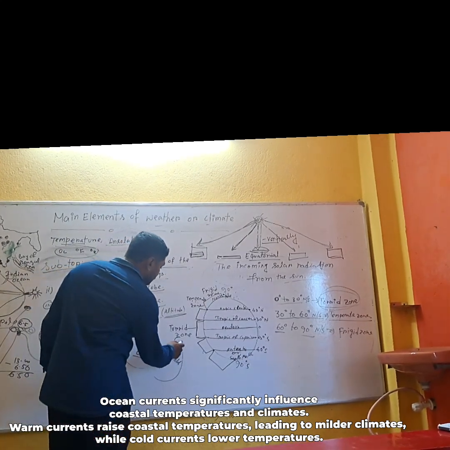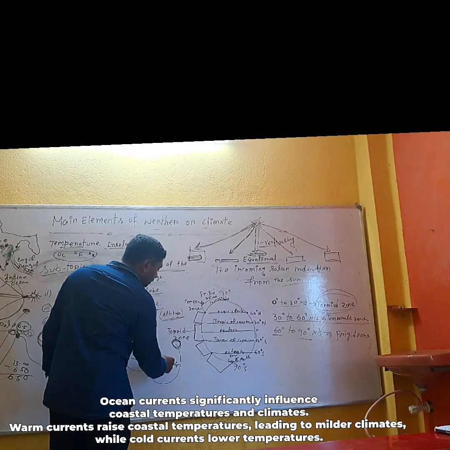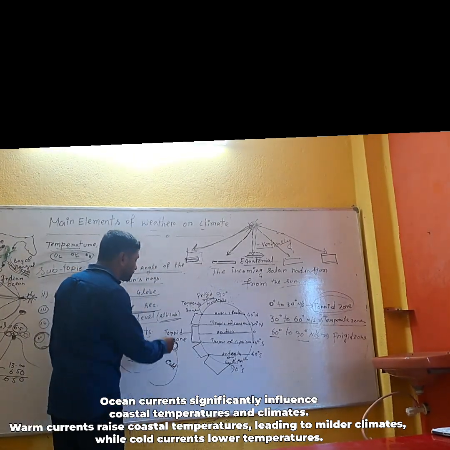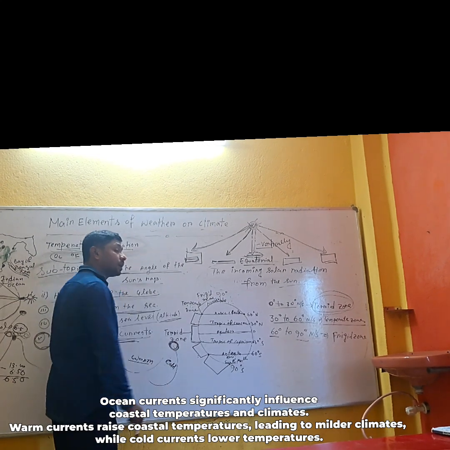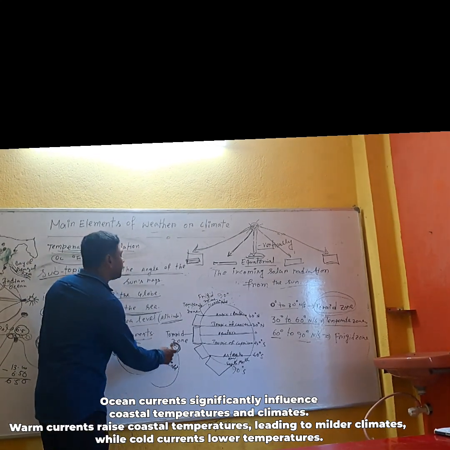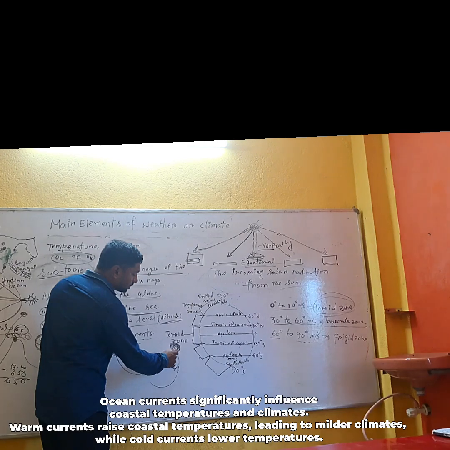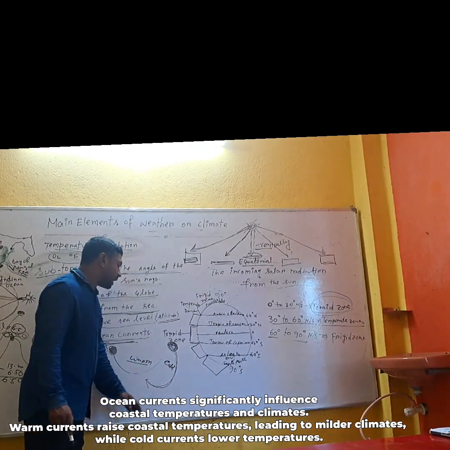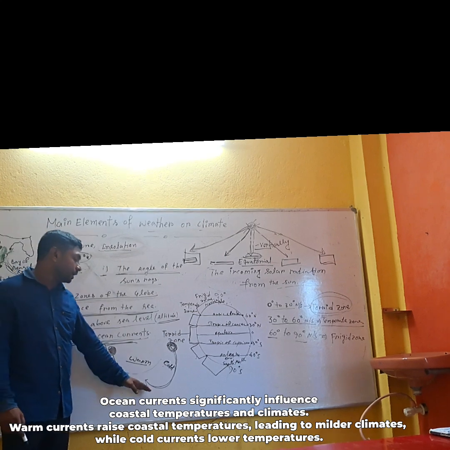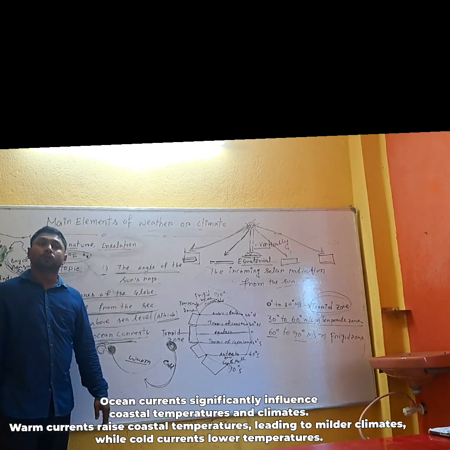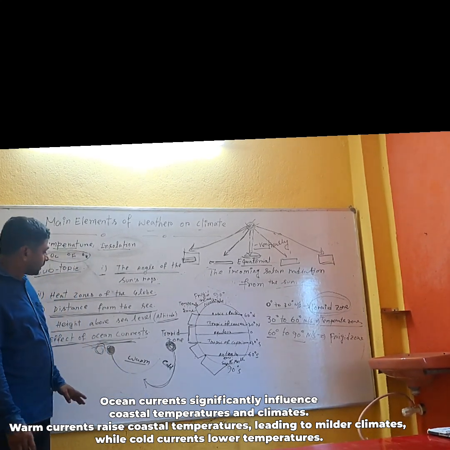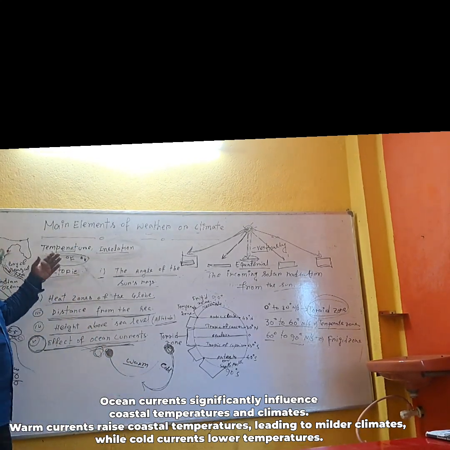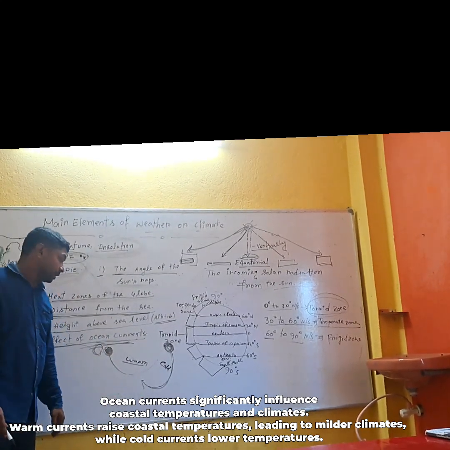And the cold ocean current flows basically in the Antarctic part, like the Labrador current from Greenland, and many other currents. When a cold current flows in other parts of the world, it makes the temperature cool in these areas and also changes the temperature and insolation.